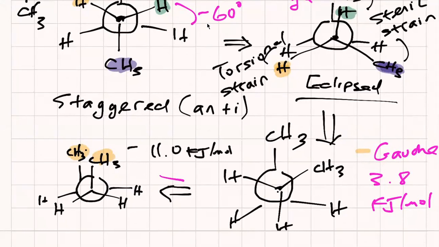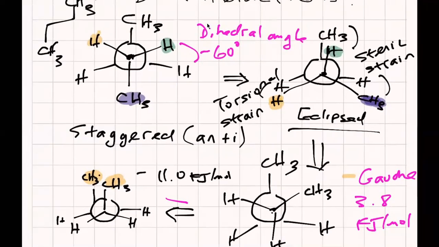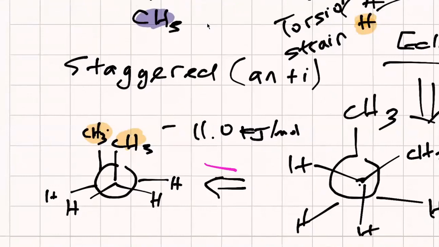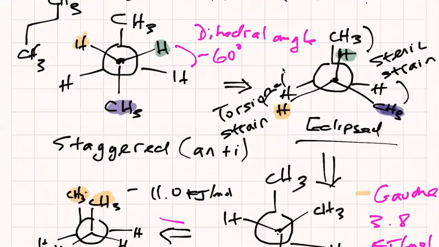I said hydrogen was 1 kilojoule per mole, if I'm not mistaken. And then the methyl hydrogen overlap is 4 kilojoules per mole. So methyl is 11 kilojoules per mole. Right, that's a lot of energy. And so obviously the most stable conformation for butane is here in the anti-conformation.